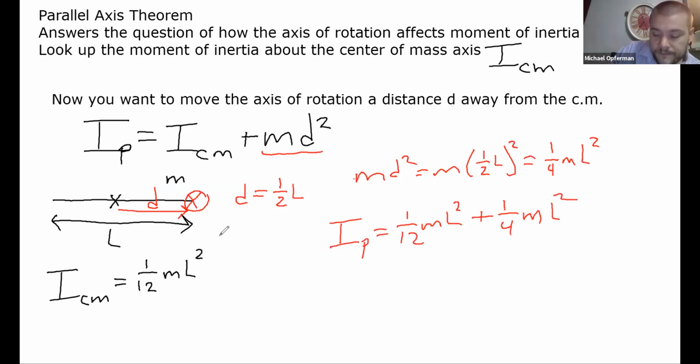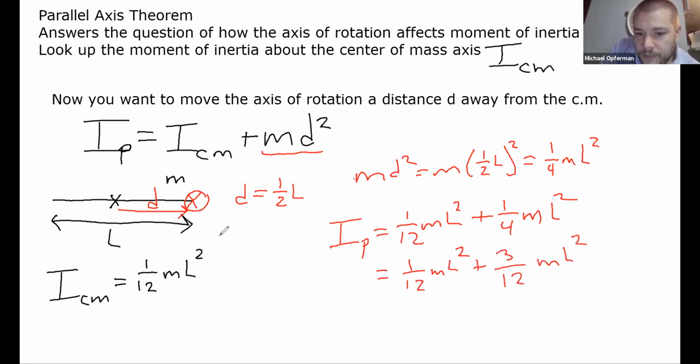Let's just keep going here. You can add these two together. You've got 1/12 plus 1/4. You need a common denominator for that. So we can do 1/12 ML squared plus, with a common denominator of 12, 3/12 ML squared. So that's going to be 4/12 ML squared. And 4/12 is 1/3, so it ends up being 1/3 ML squared.